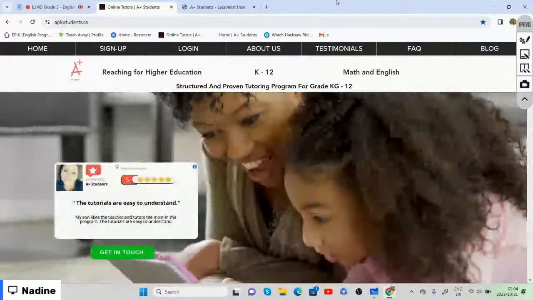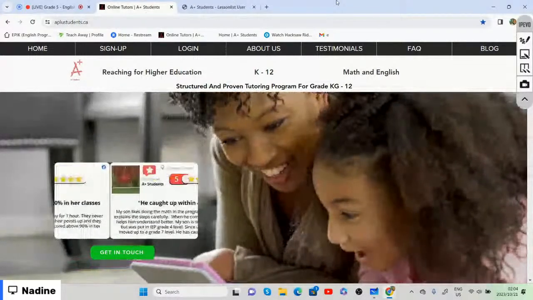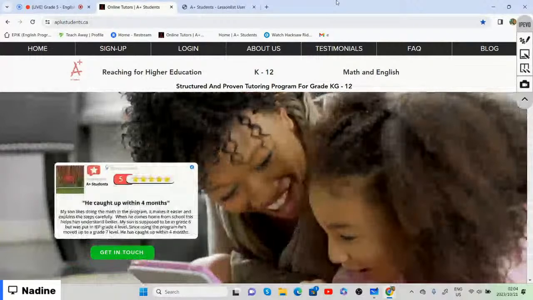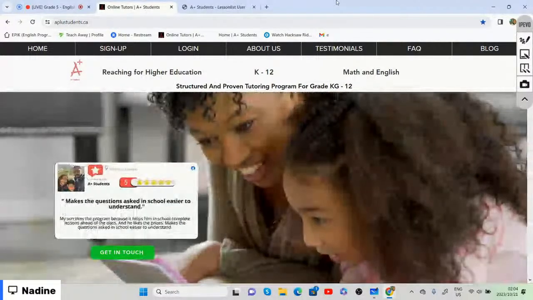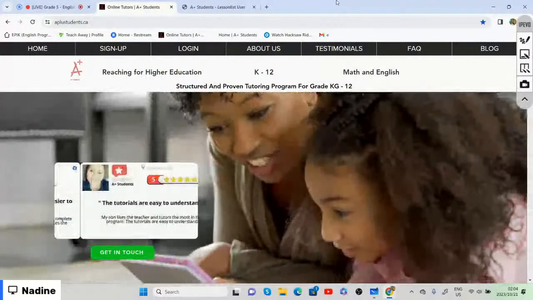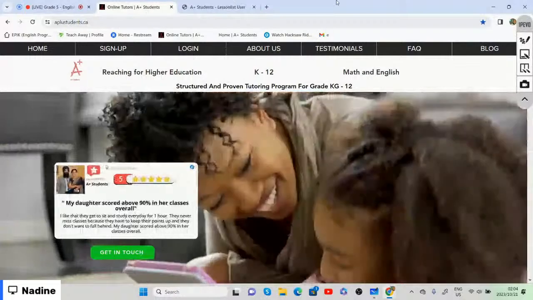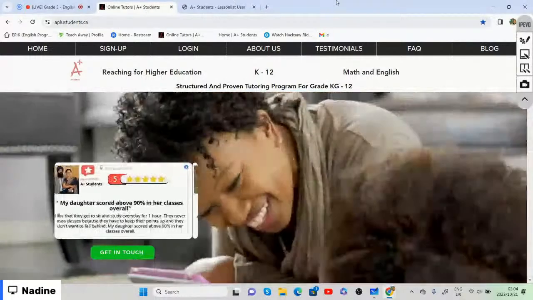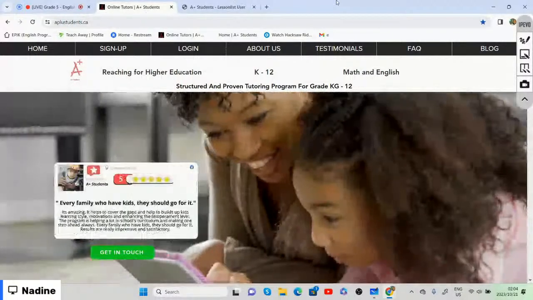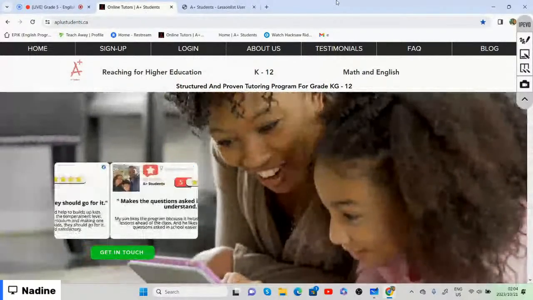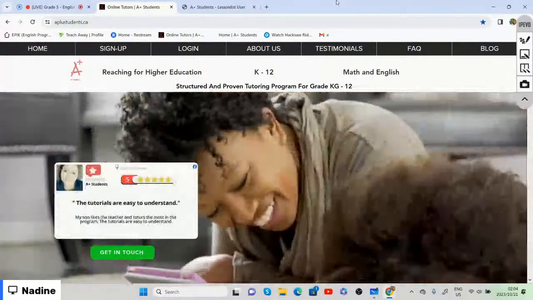And before we start, we're going to log into aplusstudents.ca and we're going to log in with our username as well as our password. Once we've logged in, we're going to select the subject of language arts, and then grade 5.